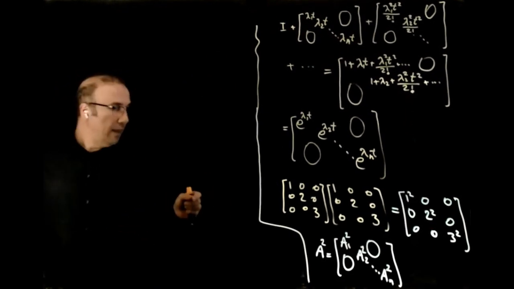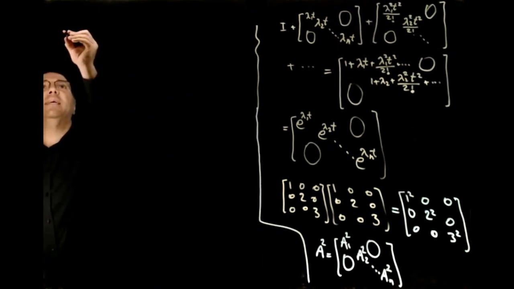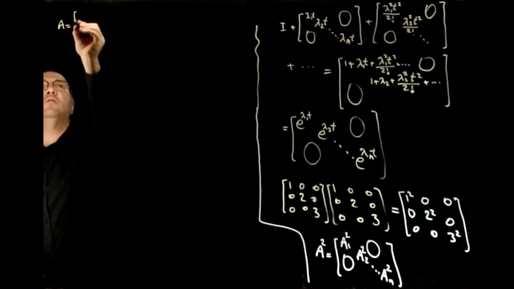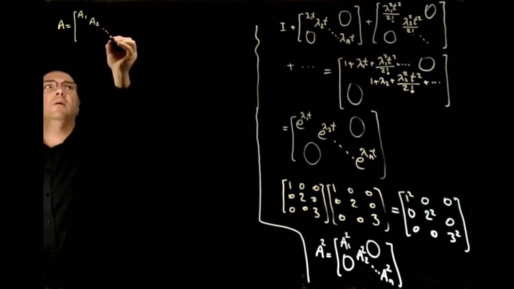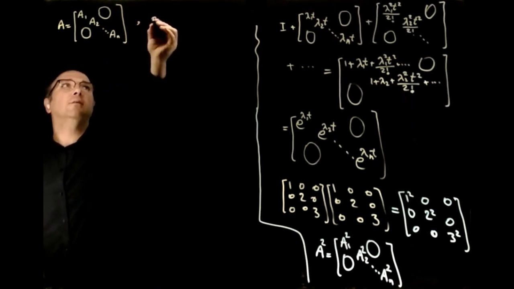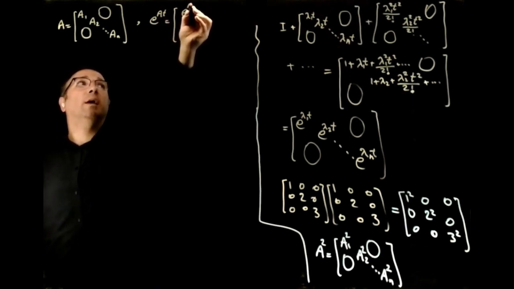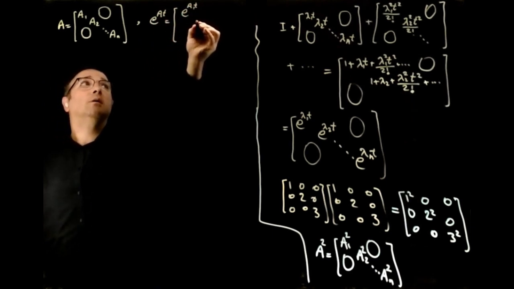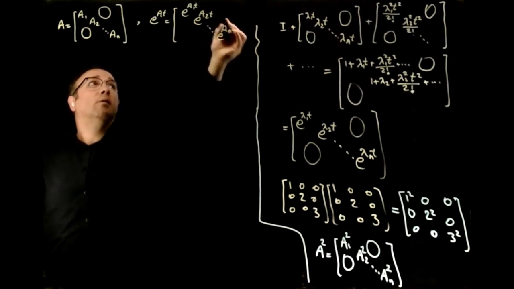So if we have a diagonal matrix, it would be the same thing, meaning that if I have A as some matrices on the diagonal, then e to the power of At would be e to the power of a1t, e to the power of a2t, and all the other terms, and then it is 0.